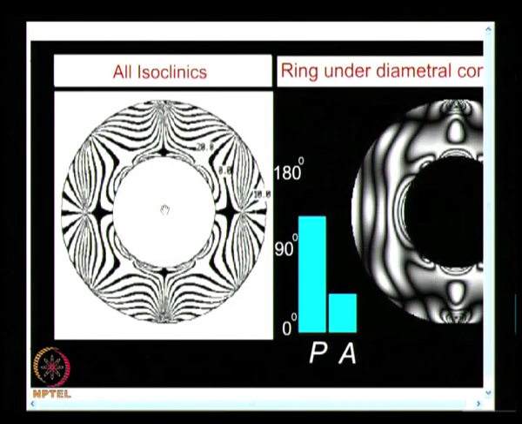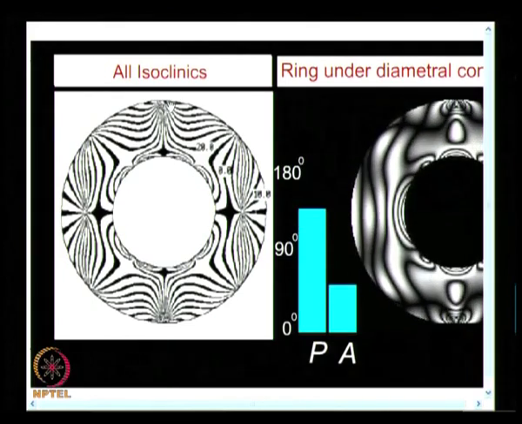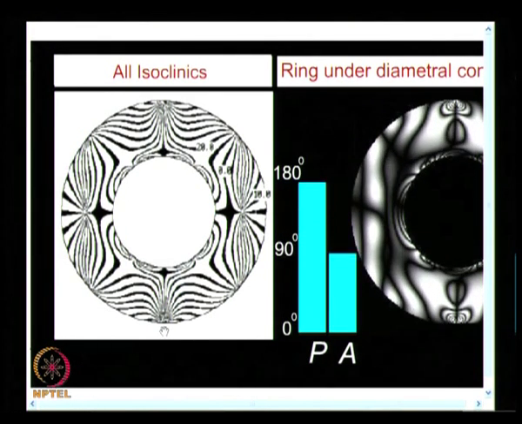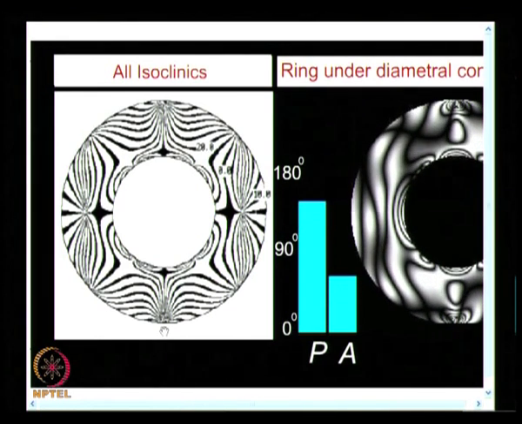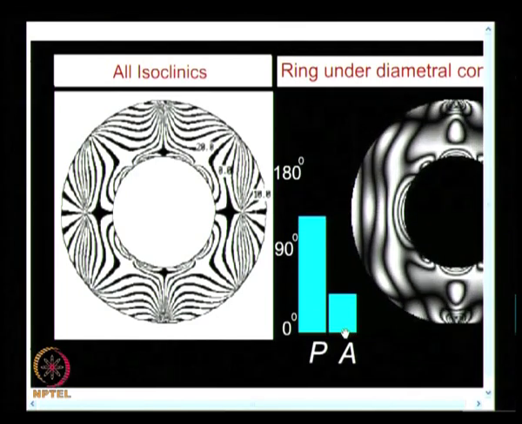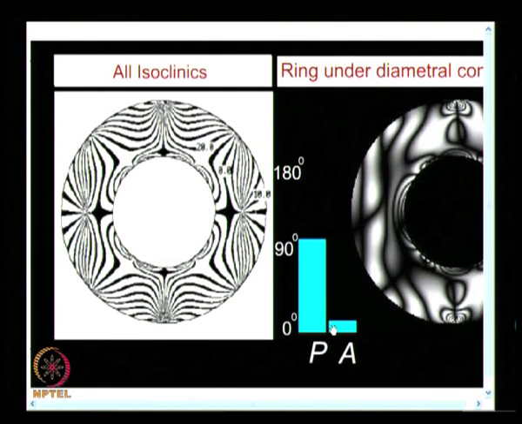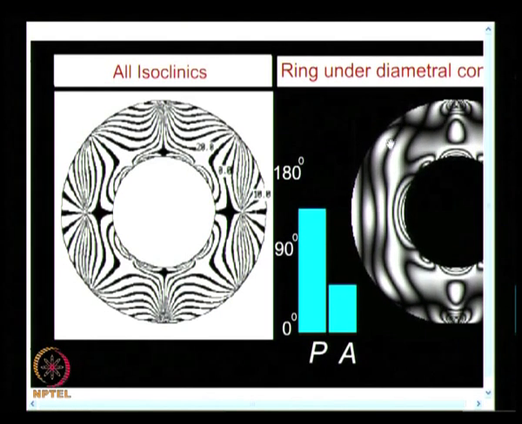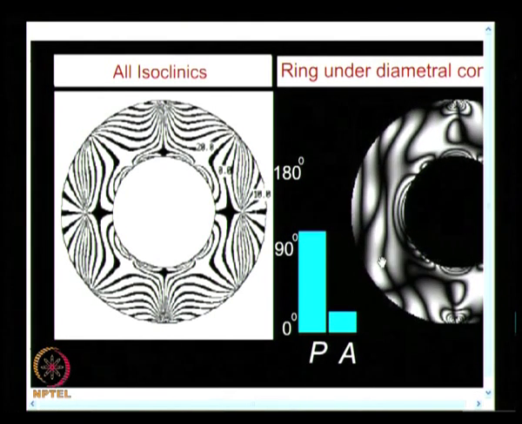But I also have another 2 points where the isoclinics originate. Suppose you look at the load application points, there also all isoclinics merge. So, you have made these observations. First you make the observations, then we find out and classify what the different fringe features are. This animation also shows that I have the polarizer and analyzer crossed and they are rotated. That is how you are seeing these isoclinics moving through the fringe field.